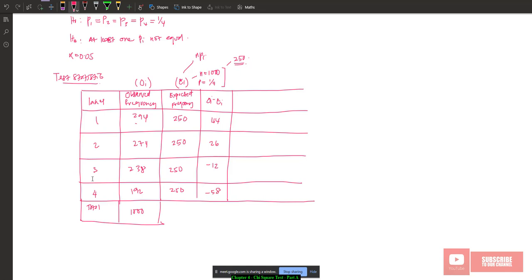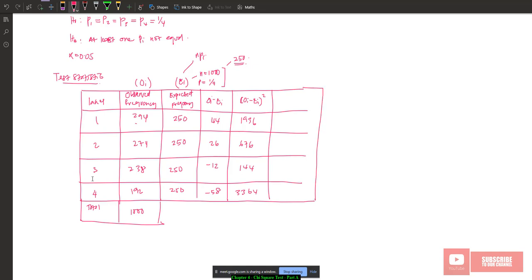Then we calculate the square of the difference: 44 squared is 1936, then 676, 144, and 3364.